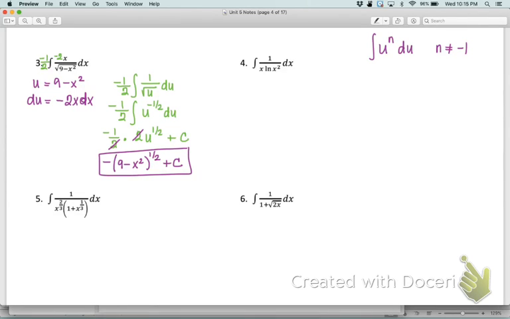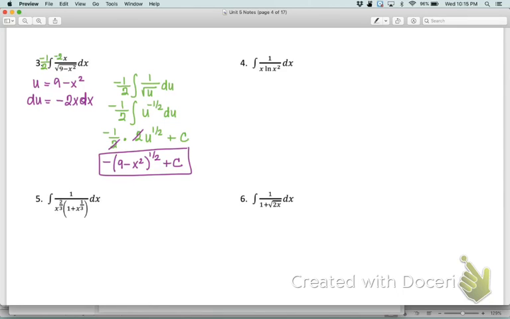That's where the power rule falls apart because you end up dividing by 0. That's where the natural log comes into play. So you're going to choose insides and outsides and u's and du's the exact same way we always have done before. But what this integration rule does is it allows you to take care of that case where the power rule fails. Okay?